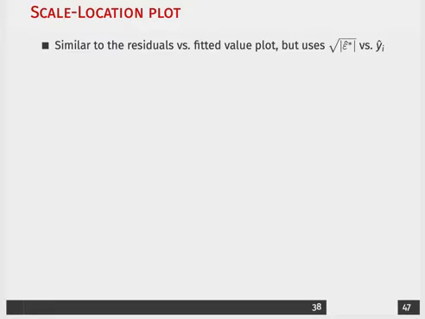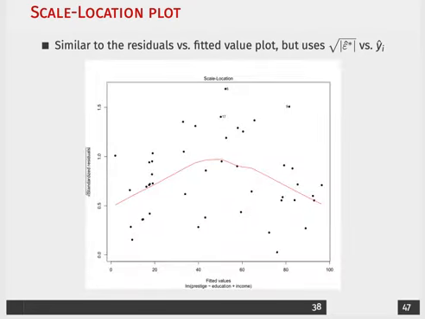Now, the third plot that you'll get is called the scale location. And this is kind of similar to the residuals versus fitted plot, but instead it's going to use the studentized residuals instead of the fitted values. And essentially, this is again telling you whether or not you have equal variance, or homoscedasticity, of your errors.